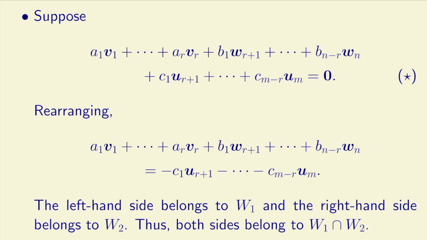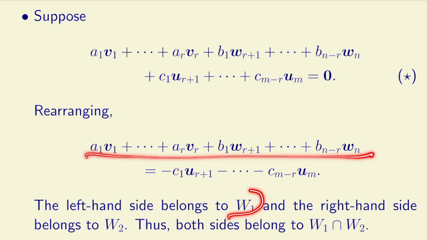To do that, first let's rearrange this equation into this form. So we move this part onto the right-hand side. And this left-hand side belongs to W1, because V1 to Vr and Wr plus 1 to Wn form the basis of W1, so they belong to W1.